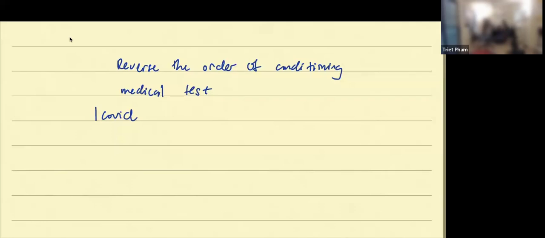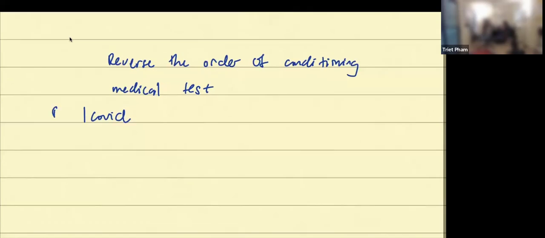When you take a COVID test, it's really not a probability that you test positive or negative. That's not an unconditional probability. The result comes out, fine, but naturally it's about a conditional probability.